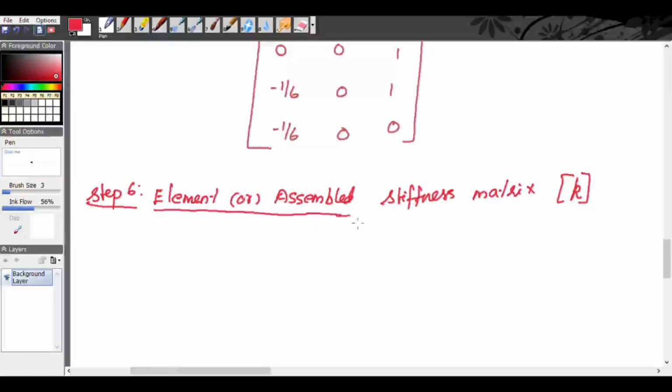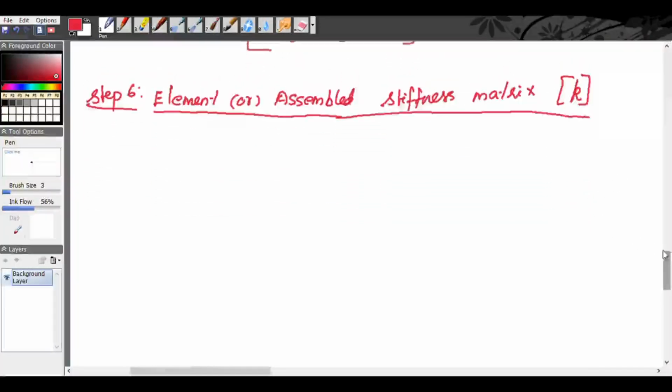And this is called assembled stiffness matrix because you have to determine the element stiffness matrix separately and then we will be assembling this. We know the element stiffness matrix small k will be equal to EI by L into 4, 2, 2, 4. So now we have three elements AB, BC and CD. For all the three elements, we have to find the element stiffness matrix.